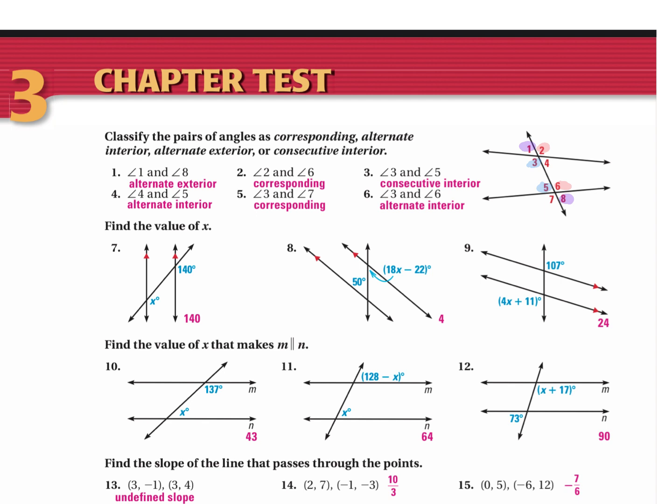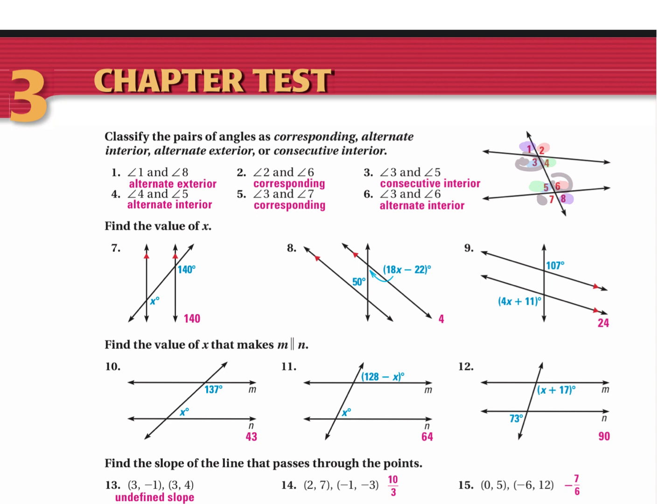But we're not told that these lines are parallel, so all we can do here is identify the special angle names. Then 4 and 5 are alternate interior, and then 3 and 7 are corresponding. And then 3 and 6 are also alternate interior.